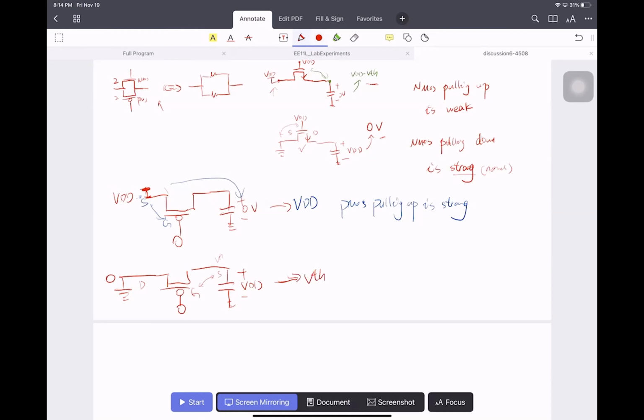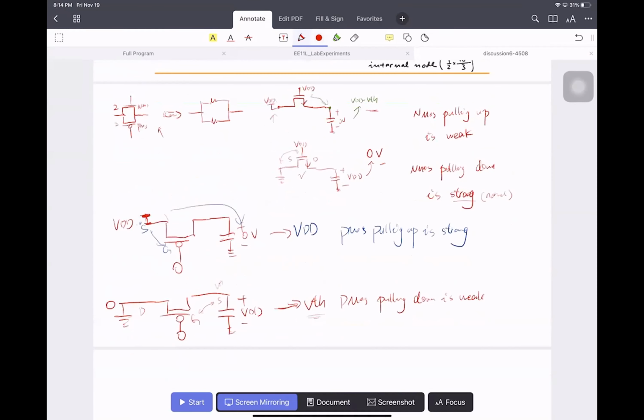It cannot be 0. So we say PMOS pulling down is weak, because it cannot pull the other node to be 0. It can only leave an offset, leave the VTH there. So if you look at these two together, PMOS is good at pulling up, NMOS is good at pulling down.